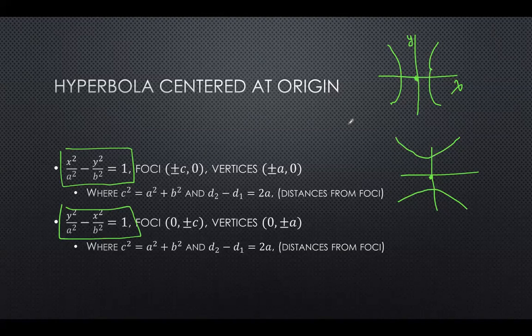So this is for the case here, and this is for the case here. You just have to memorize how to find the foci and how to find the vertices.